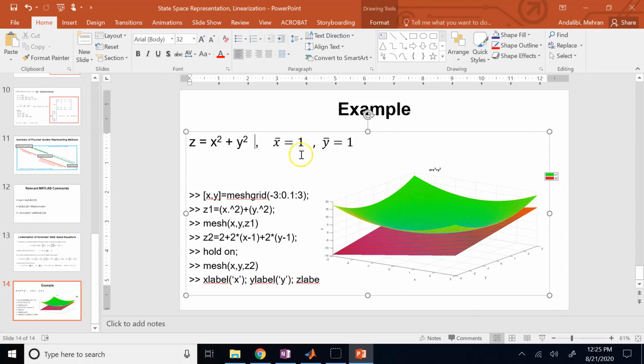Now I want to know, around the operating point of x of 1 and y of 1, which is here, can I approximate it by a linear function? So in 3D, linear means what? A plane. Can I approximate that curve by a plane around an operating point? And the answer is yes. Now what's the equation of that plane? We'll find it.